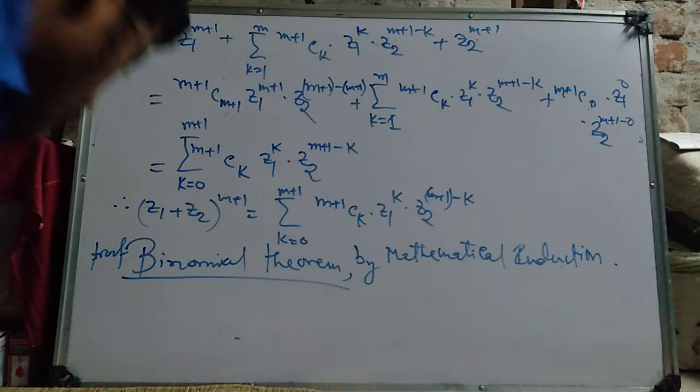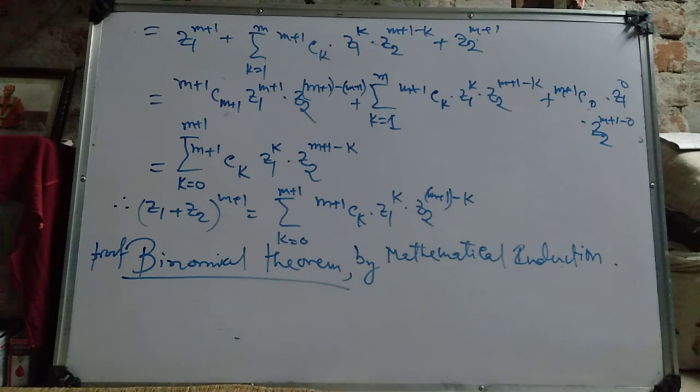Induction shows that if k equal to 1 is true, and k equal to m implies k equal to m plus 1 is true, then by mathematical induction this binomial theorem is proved. Okay, so today we stop here.